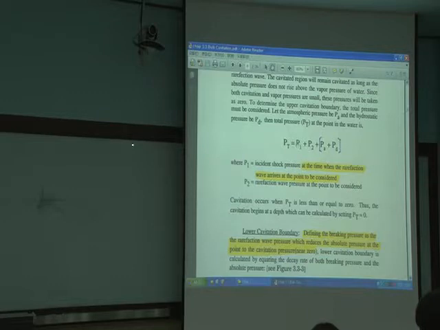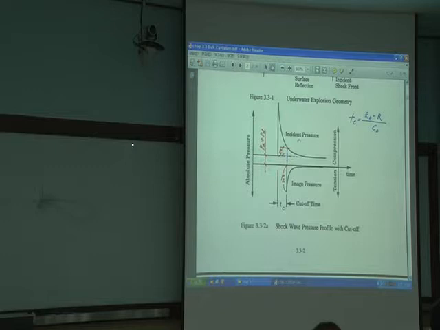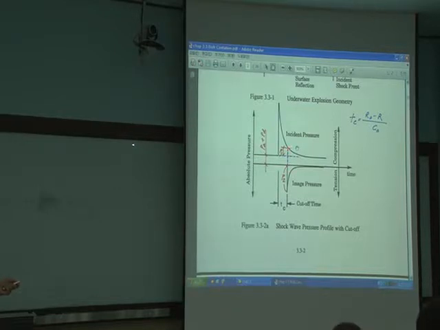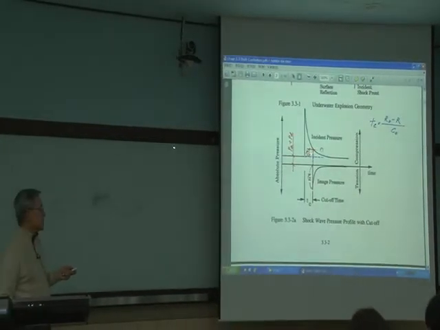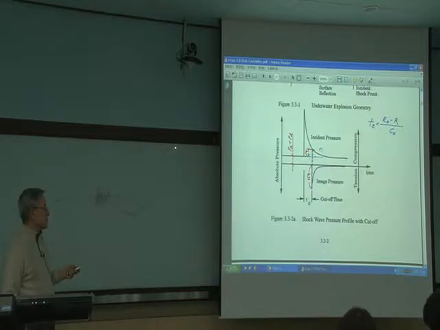So P1, you know what the P1 is? It's not the Pmax for the incident shock wave. So don't be confused here. It's right here. I pointed out a few times, right here. This is that point. Pressure, right here. Dynamic pressure, no, this is static pressure. So P1 is this, not this.